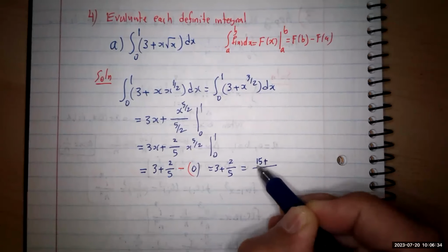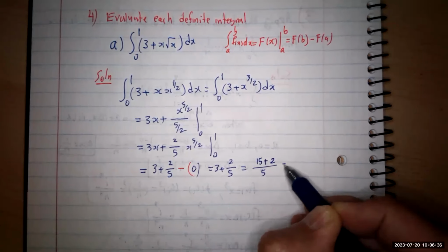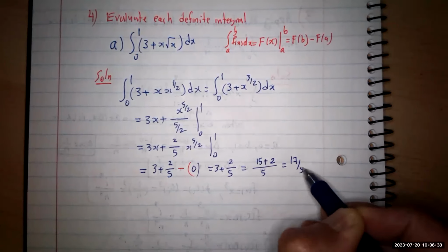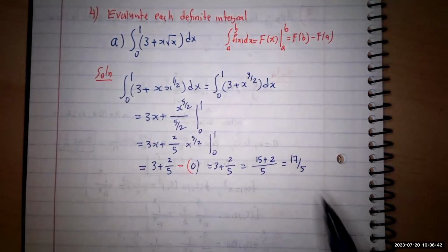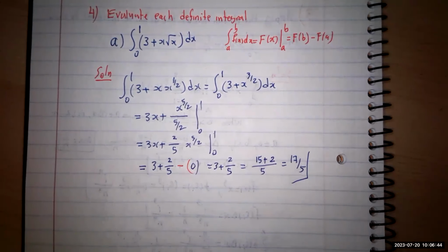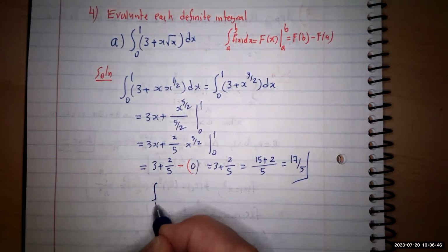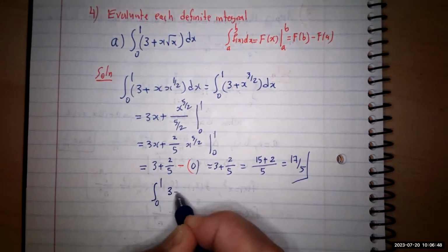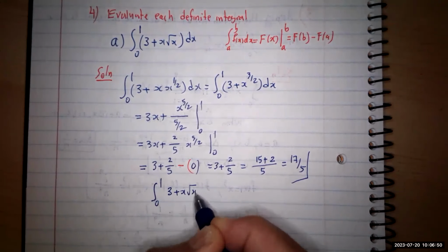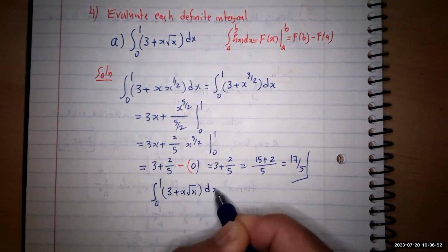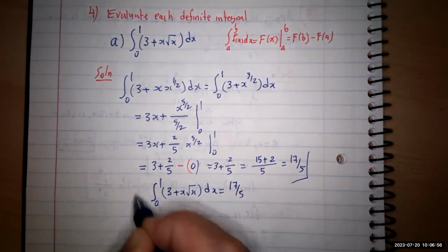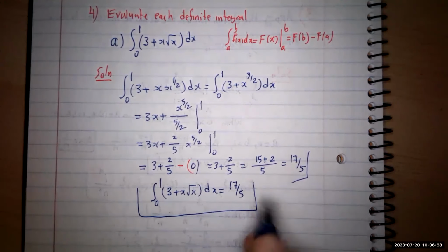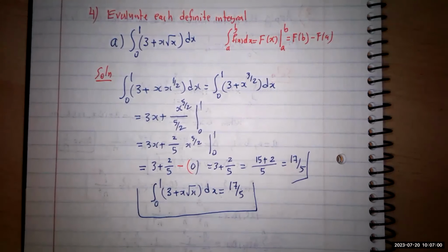Okay, 15 plus 2, which is going to be 17/5. Okay, so there you are, because this integral is going to be a number. So the integral from 0 to 1 of 3 plus x radical x dx is simply equal to 17/5, and then you're done. That's part 1 of this question. Any question?